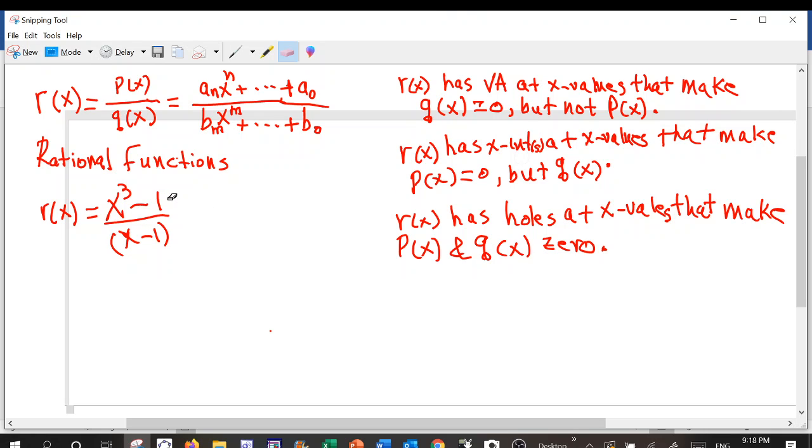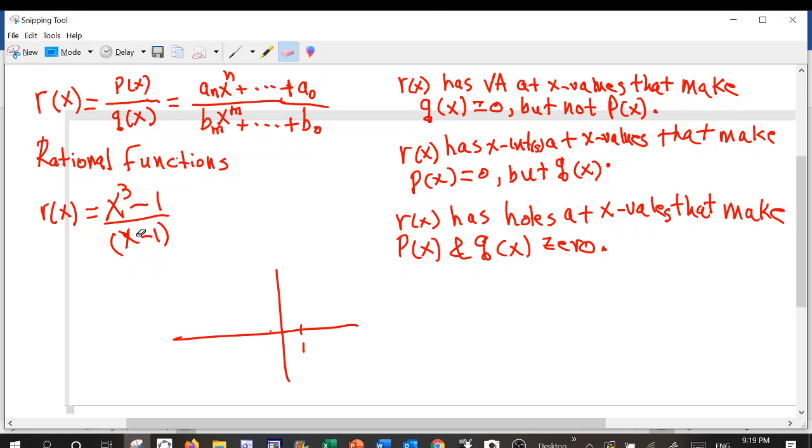No, because it makes the numerator 0 and the denominator 0 too. So it's not an x-intercept. But what happens at 1? Well, at 1, what we're going to have is a hole. But where is the hole? Well, to find the hole, we have to factor what numerator and denominator have in common, and we know what that is.